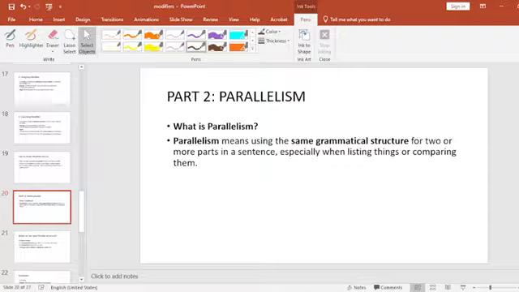Now coming back to parallelism. Parallelism means all things in a list should look the same.